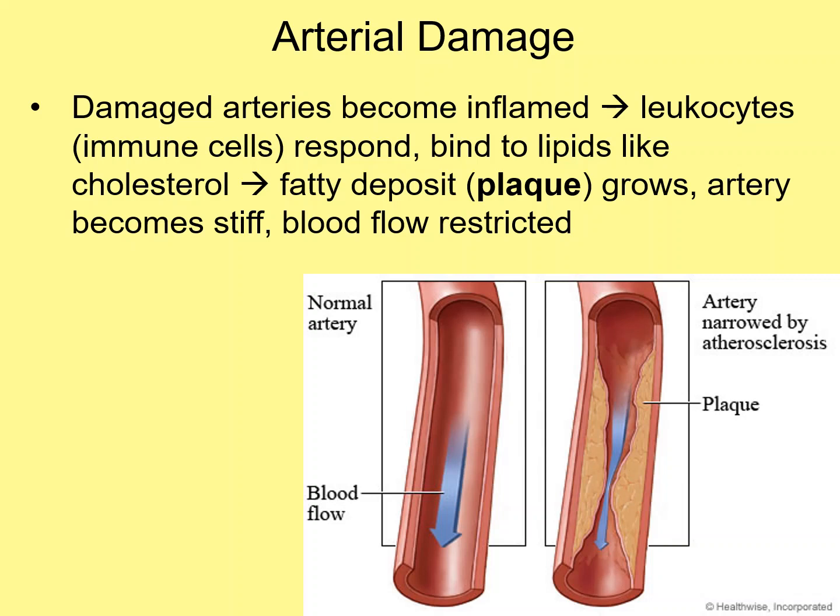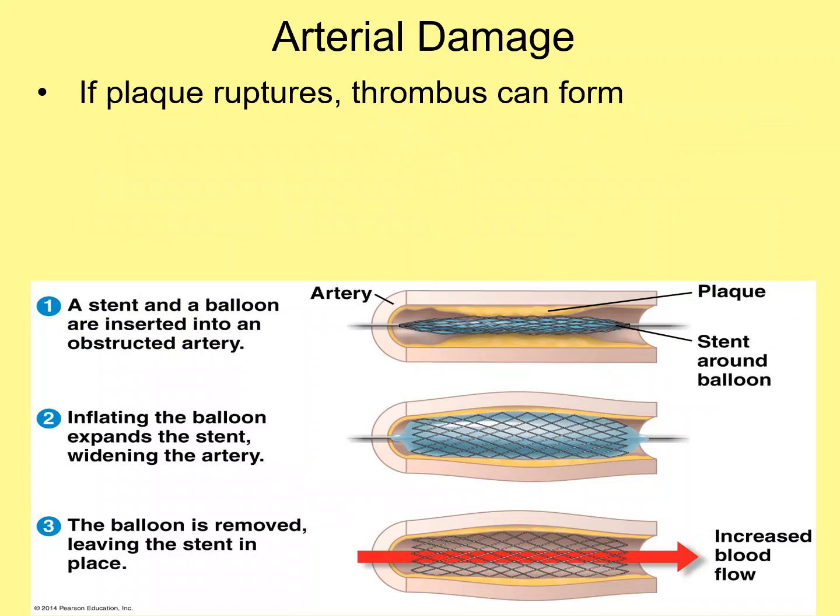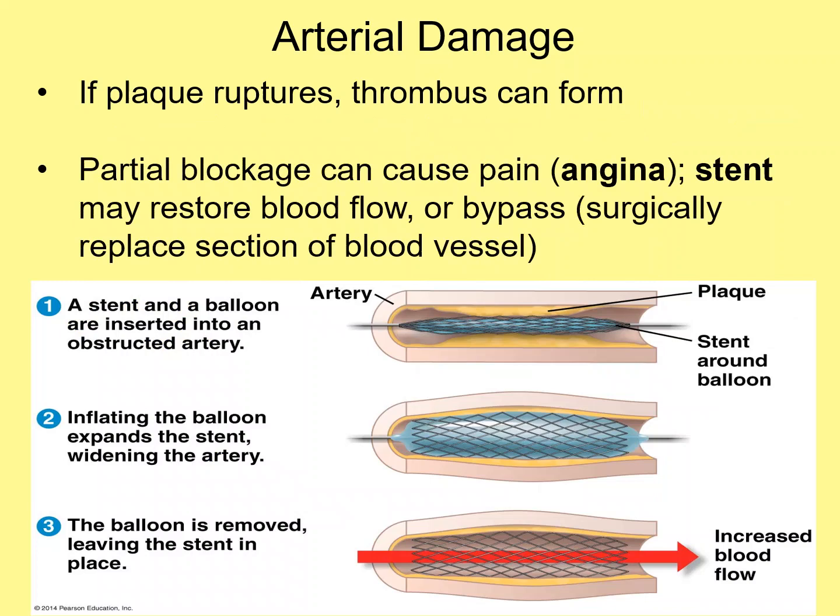So you may have a blood clot forming and blocking the blood flow completely because it's getting trapped in this narrow area by the plaque along the lining of the arteries. So again, if the plaque ruptures, you can have a thrombus forming and completely blocking the blood flow.